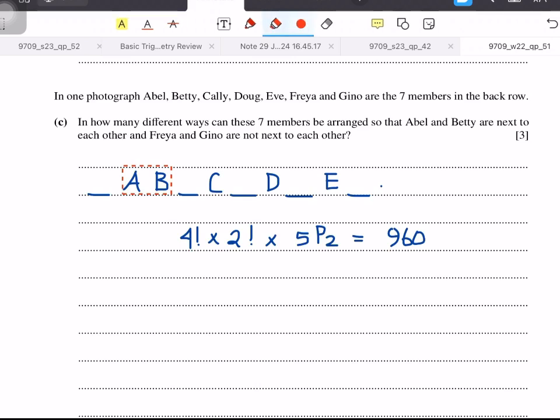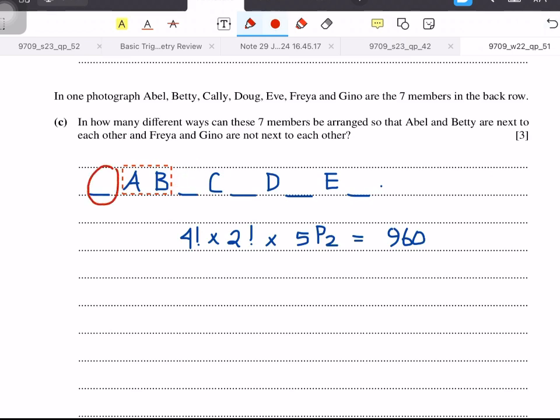So to make sure that Abel and Betty are always next to each other, we consider A and B as one component. This one as one component, and then we also have C, D, and E. And then in between two components, we provide spaces.